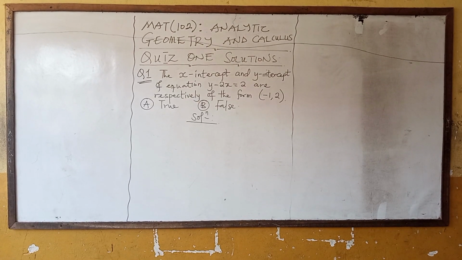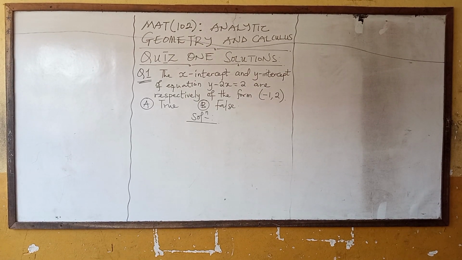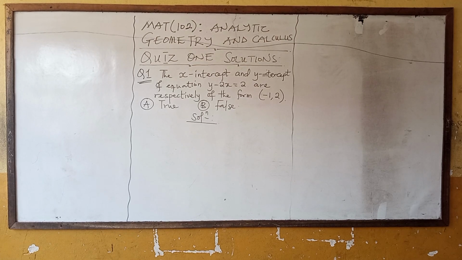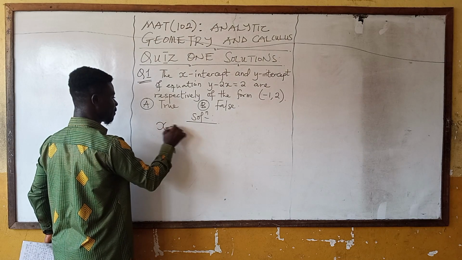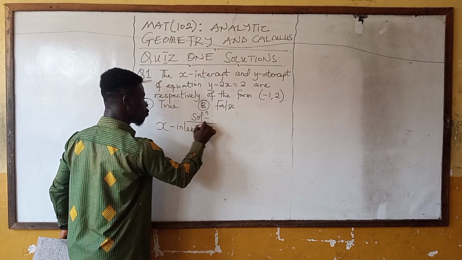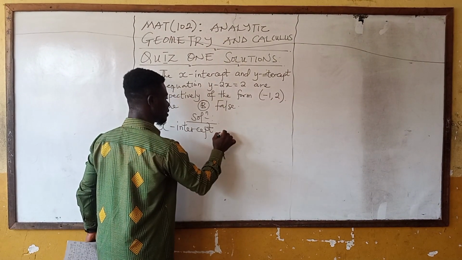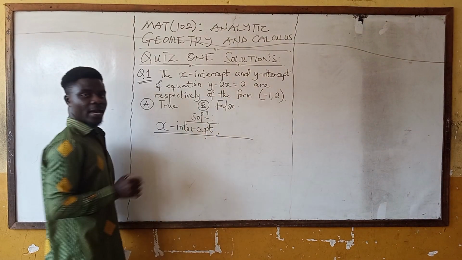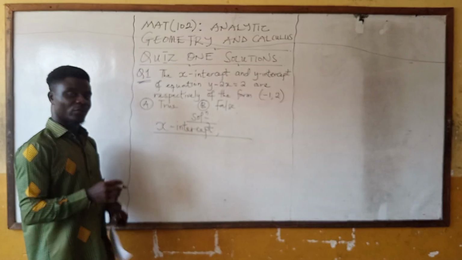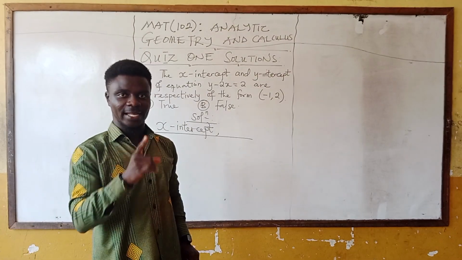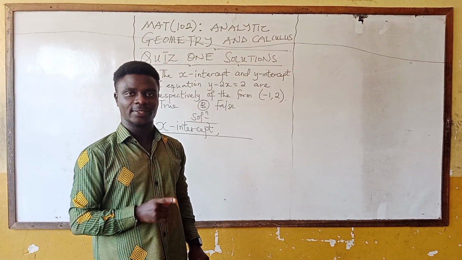All right, so let's see question 1. The x-intercept and y-intercept of equation y minus 2x equals 2 are respectively of the form -1, 2. A, true, B, false. All right, so let's see. When you talk of x-intercept, it is where the line cuts the x-axis, right?